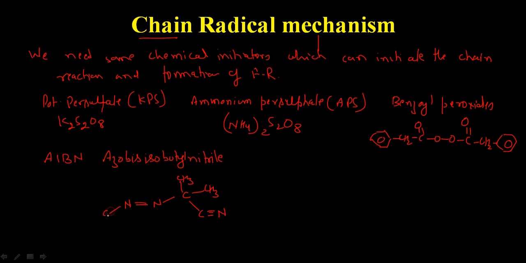Similarly, on this nitrogen we also have two methyl groups and one nitrile group. So this is the formula of AIBN. So these are very commonly used chemical initiators.